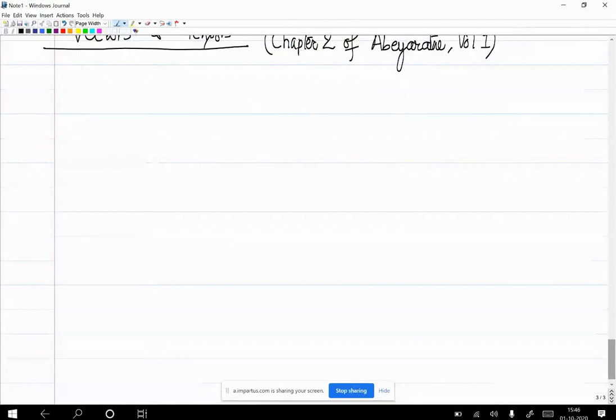So what is a vector? Very basic question, isn't it? What is a vector? I think the first time you must have learned about this was perhaps class 9. There you learned that a vector has a magnitude and direction.